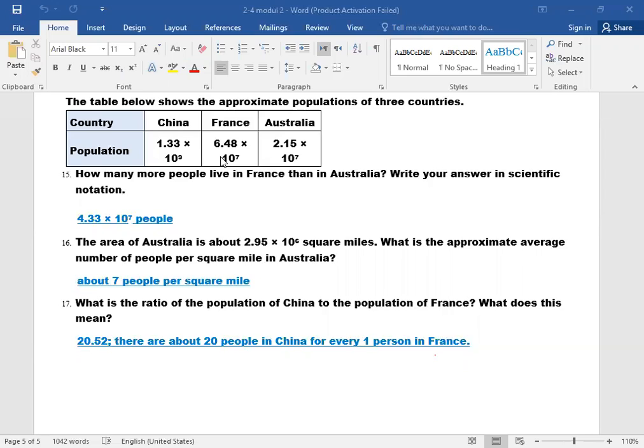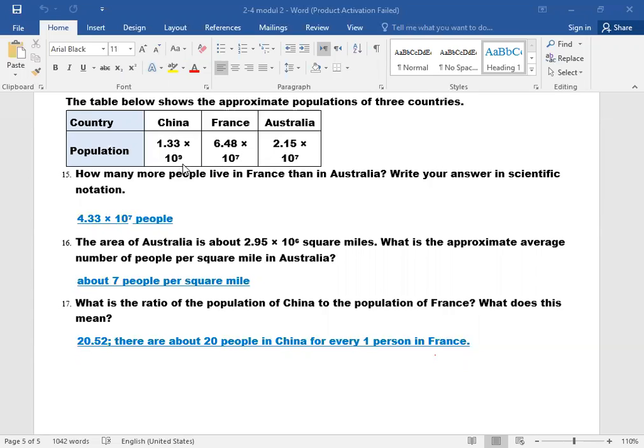It will be divided by France, which was 6.48. But don't forget, you will divide this one by this one.